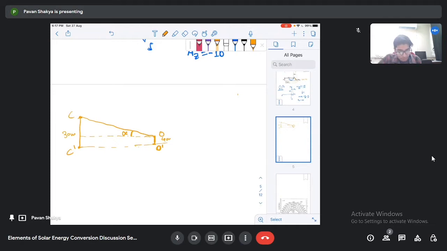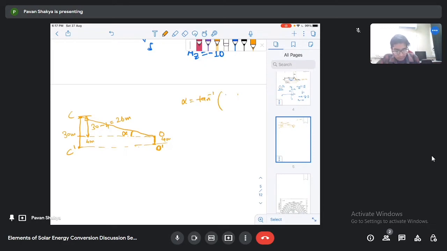So this angle alpha we have to calculate. This dimension will be 30 minus 4 meters, so this one will be 26 meters. Now you can calculate the altitude angle alpha, which will be tan inverse.